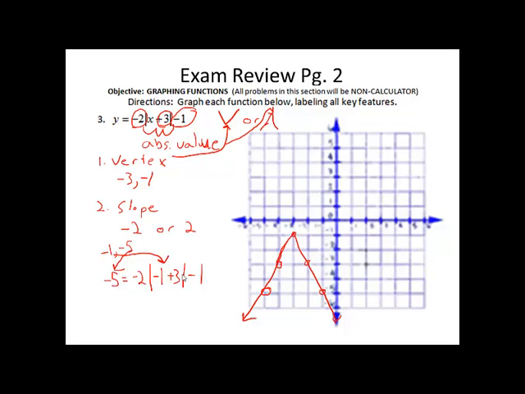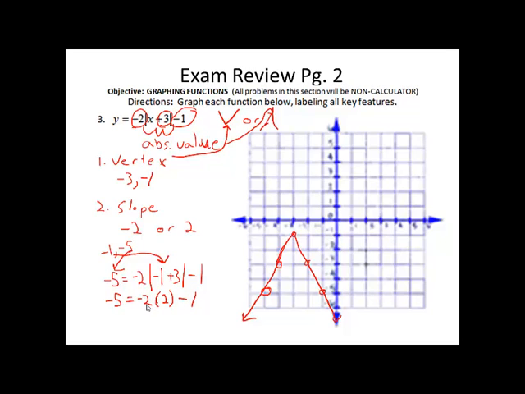Per our order of operations, we need to do what's inside the absolute value first. So we have negative 1 plus 3, which is a positive 2. Then we multiply that by negative 2, so we have a negative 4. So negative 5 equals negative 2 times 2, minus 1.